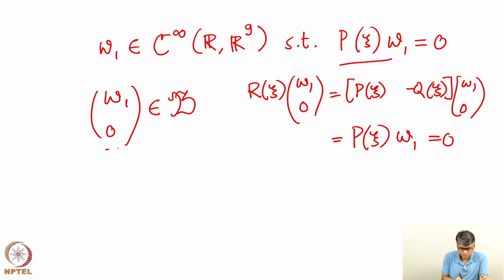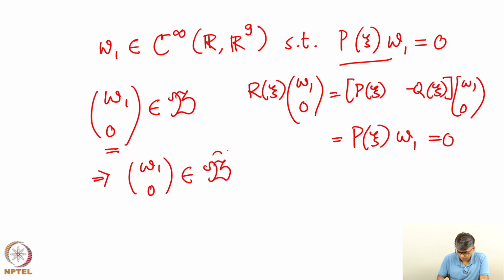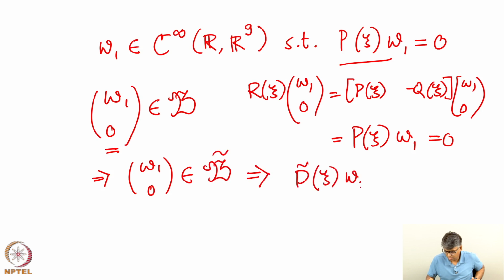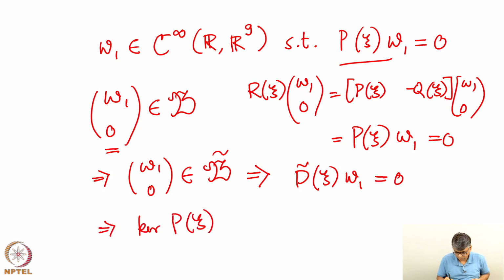So this belongs to B. But what we know, B is equal to B tilde. So this implies (W1, 0) belongs to B tilde as well, which then obviously implies P tilde(ξ) W1 is equal to 0. In other words, the kernel of P(ξ) is contained in the kernel of P tilde(ξ).